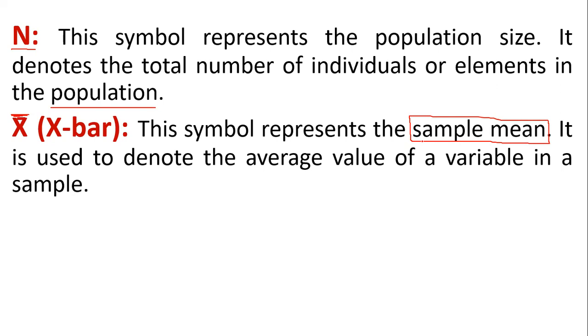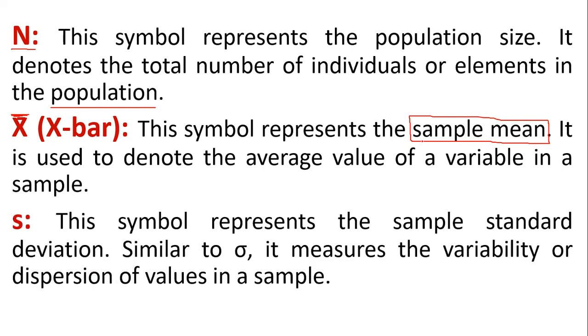The other one I want to look at is s, small s, not capital S. This symbol represents the sample standard deviation. Remember, there is another one that looks like this one, but it's the sigma. When you use sigma, you are representing the entire population.